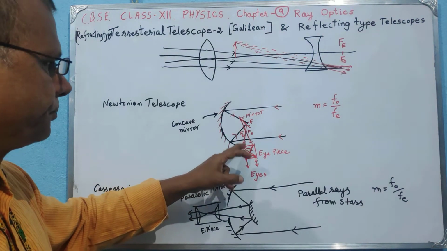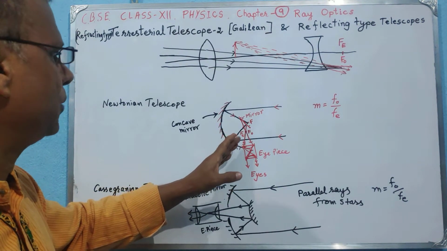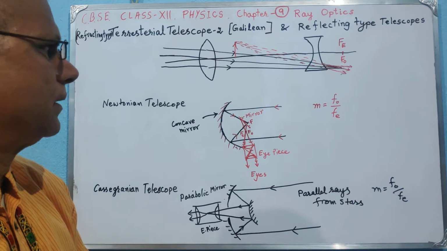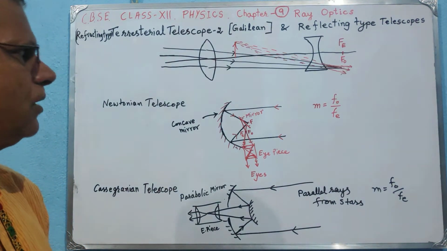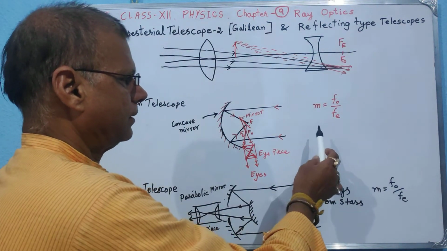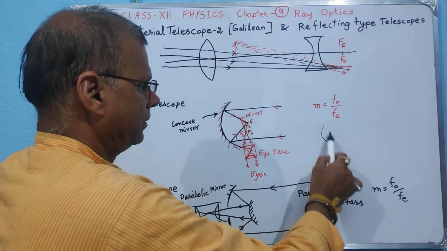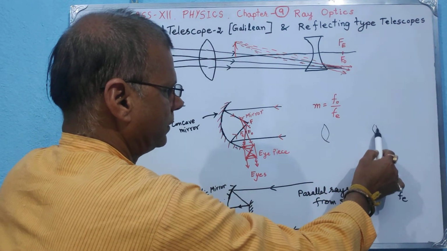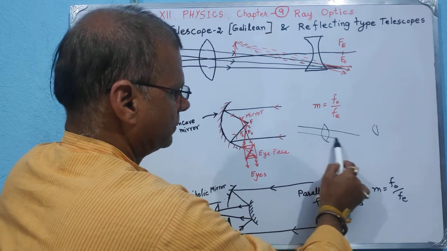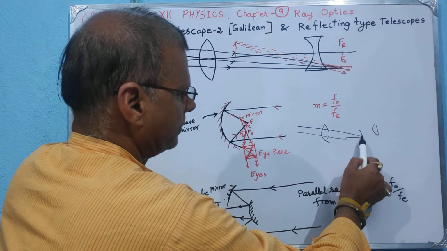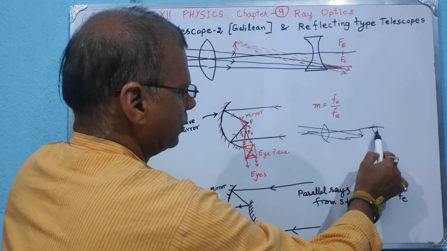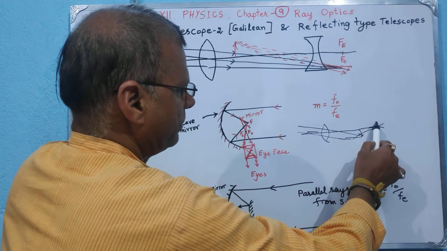In this type of telescope, the magnification is given by FO by FE. You can understand why we have written this if you compare with the previous cases. We had two lenses, and rays coming from distant stars converged to make an inverted image somewhere, and that image acted as the object for the eyepiece.